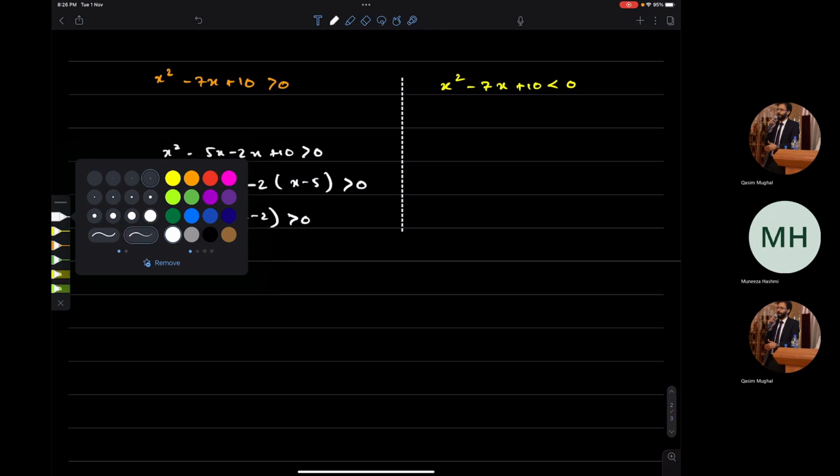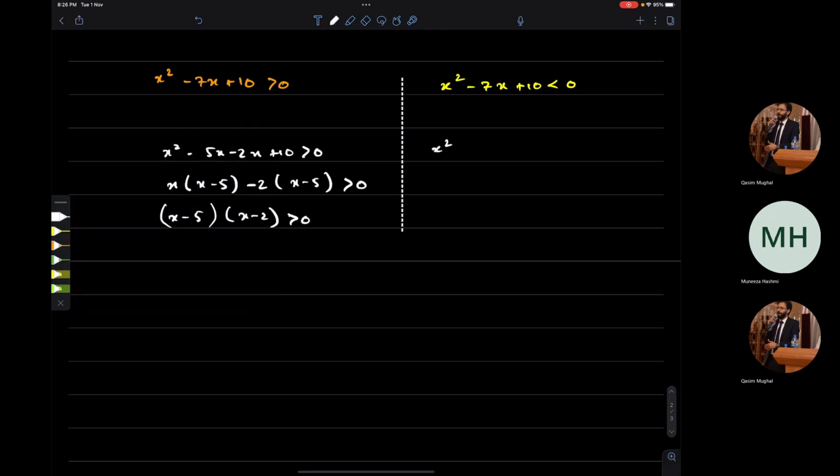For this one it is x squared minus 5x minus 2x plus 10 less than 0. x is common, x minus 5 is common, so (x minus 5)(x minus 2) less than 0.